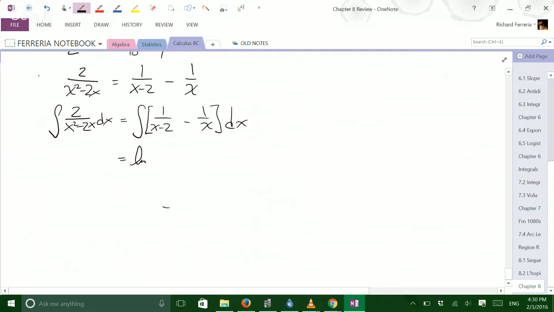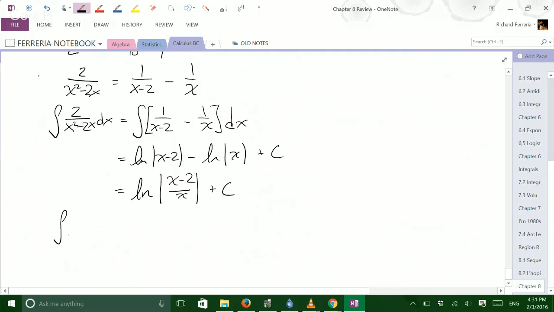That is the natural log of the absolute value of x minus 2 minus the natural log of the absolute value of x plus a constant, which is the natural log of x minus 2 over x plus a constant. Perfect. We needed that, because now if I want to put limits there, and I do want limits, the limits are from negative infinity to negative 2.